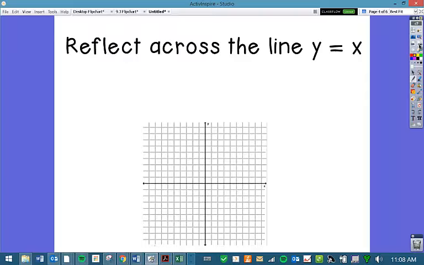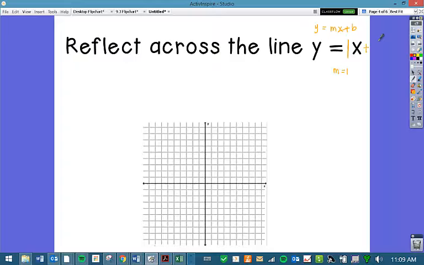Okay, and our last rule that we're going to learn is reflecting across the line y equals x. So if you think about y equals mx plus b, m is my slope, b is my y-intercept. Technically, there's a 1 right there, so my slope is 1.